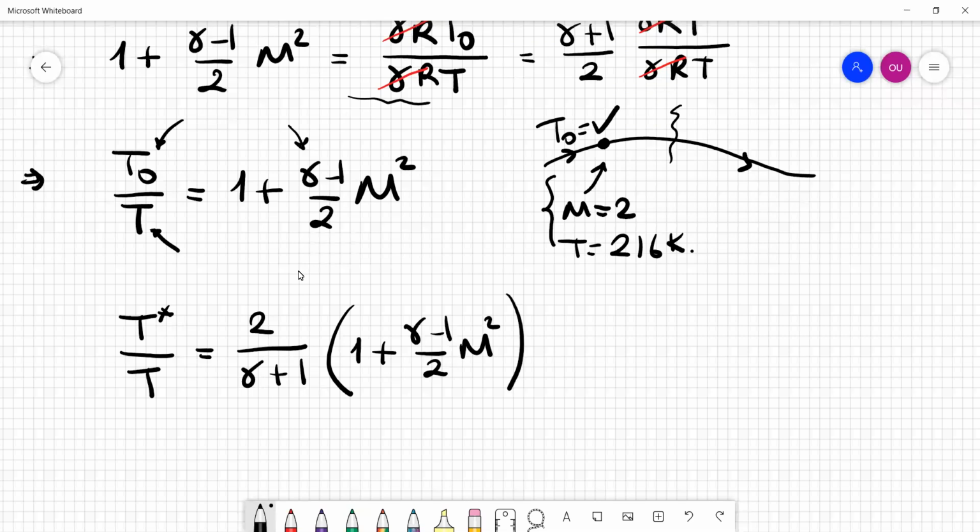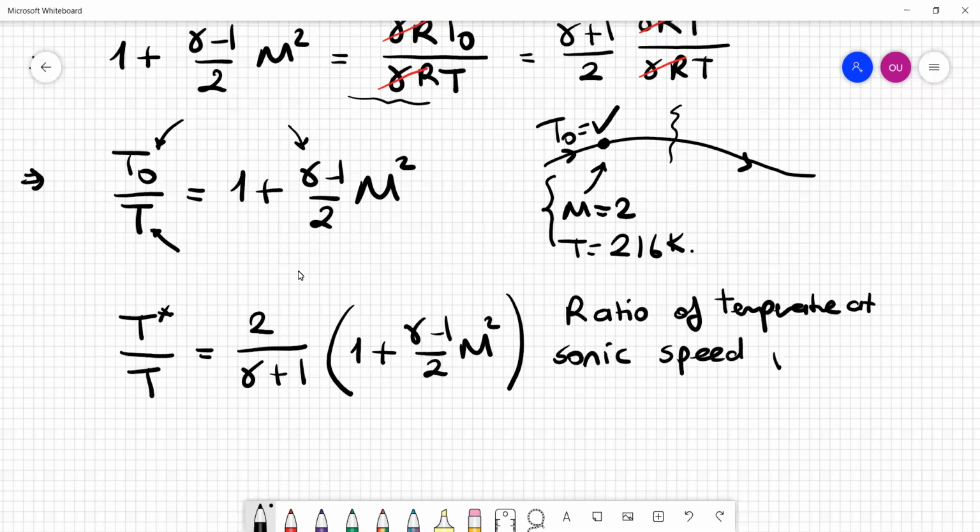So this is the ratio T star over T, where T star is the temperature at the sonic speed point, so it is the ratio of the temperature at the sonic speed point to the local static temperature.